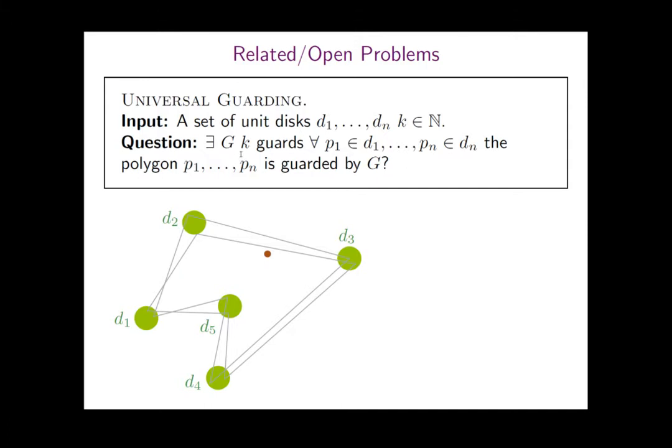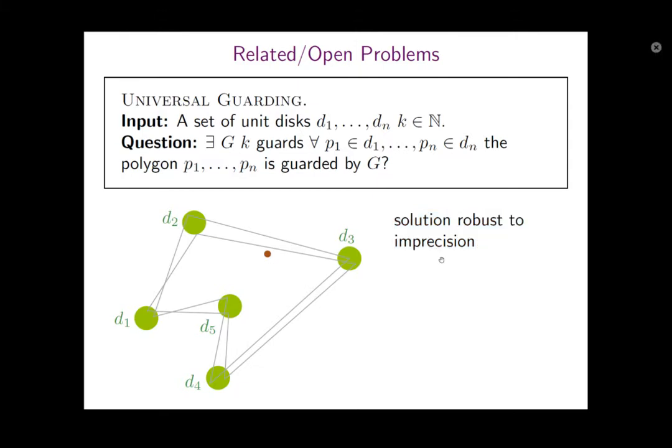And here we have two canonical quantifiers, right? An existential quantifier for the guards and a universal quantifier for the position of the polygon. Why is this problem interesting? Because the solution that it gives is robust to imprecision.